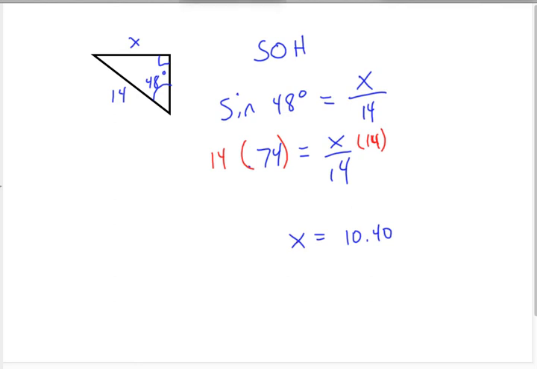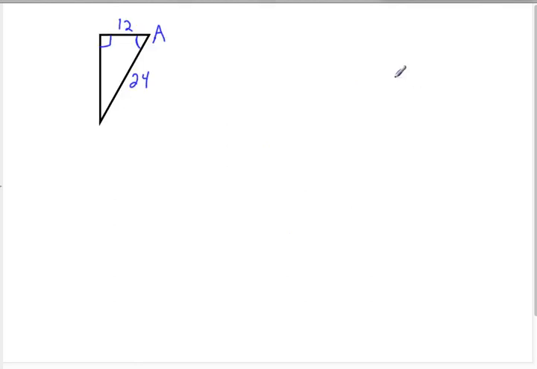So here's another example of use of the trigonometric ratios. So here, let's say we know the distance of this line segment, and we know the distance of this side of the triangle, and we want to know what this angle measure is.